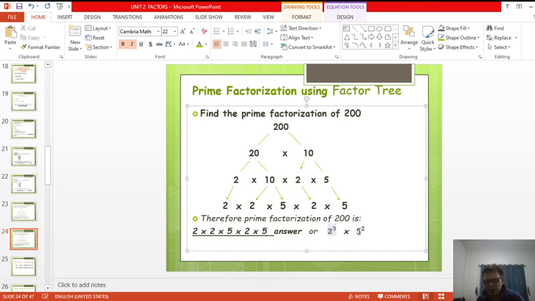So we write down 5 to the power 2. And don't forget this multiplication sign. Okay, don't forget that. Without that, everything is wrong. Okay, so that is also your other answer.